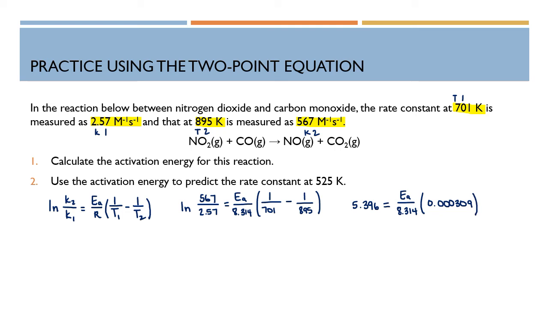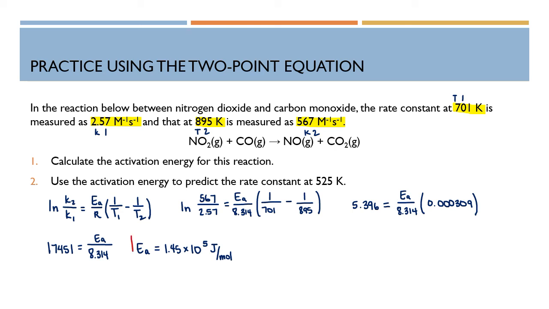What I'm going to do now is divide both sides by 0.000309 so that I can get rid of it on the right. Ultimately, I want activation energy to be alone by itself. So I'm going to multiply both sides by 1 over 0.000309, or divide by 0.000309, and I get 17,451 equals EA over 8.314, which means that my activation energy is 1.45 times 10 to the 5th joules per mole.